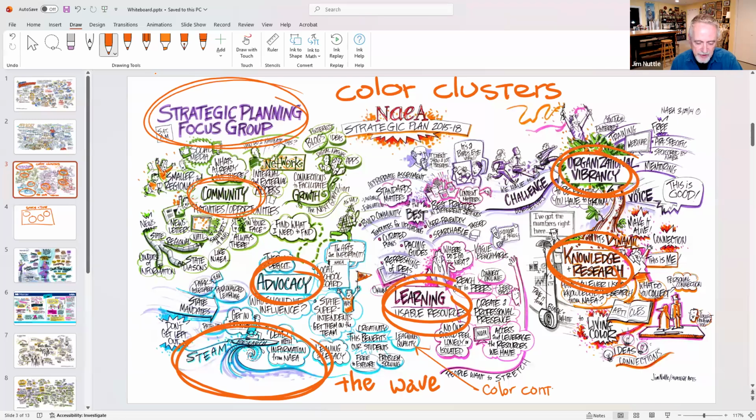There's some spots of purple down in the advocacy. I've added green up there in the organizational vibrancy. So it's not monochromatic. And this helps tie the overall composition together when you've got accent colors from the other areas brought in.